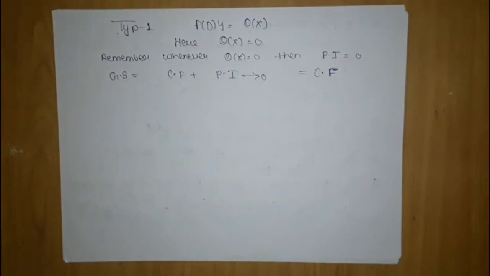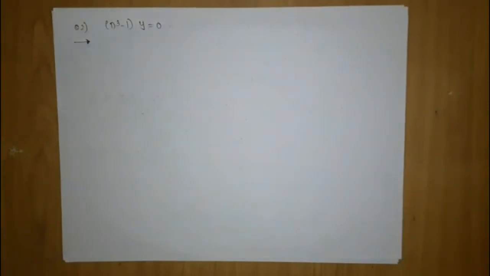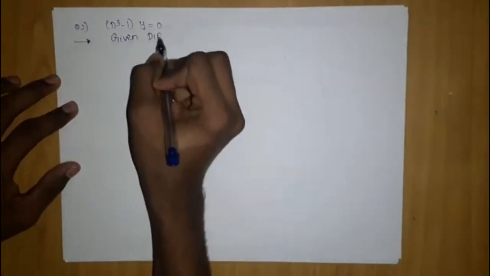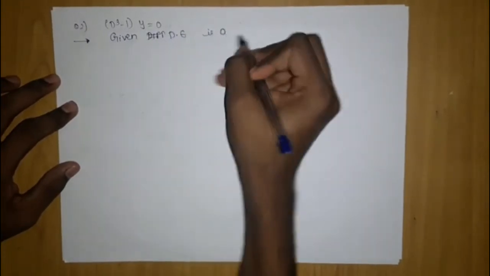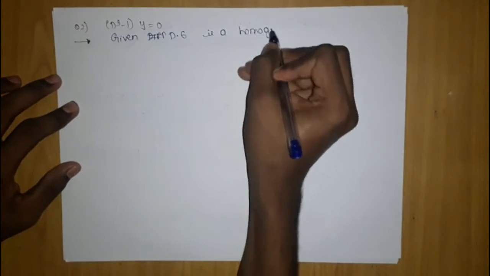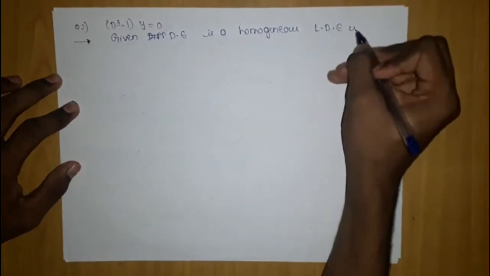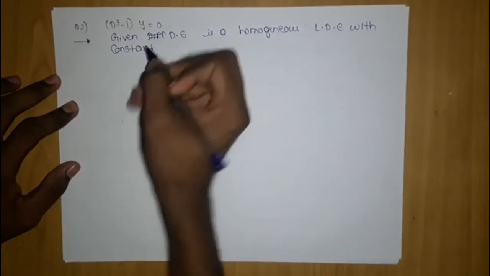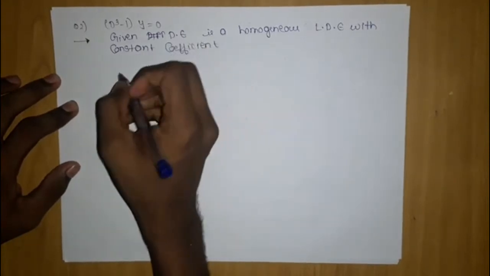The next question is (D cube minus 1) y equals 0. First, the given differential equation is a homogeneous linear differential equation with constant coefficients.